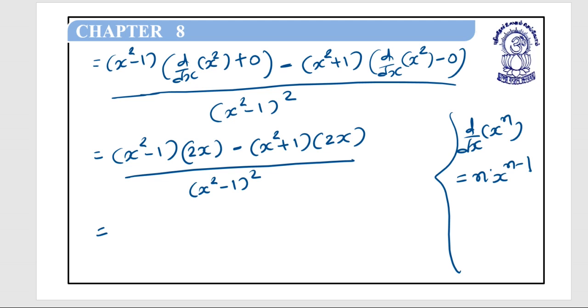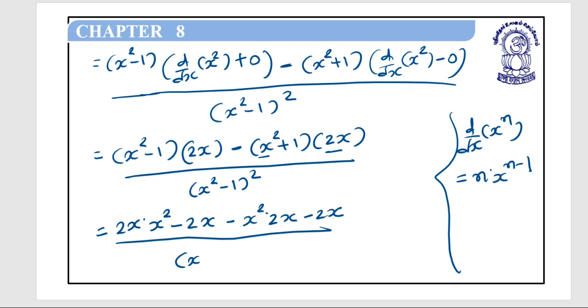So 2x into x square minus 2x minus x square into 2x plus 2x. So here minus sign, minus sign. So it is minus 2x upon x square minus 1 whole square.